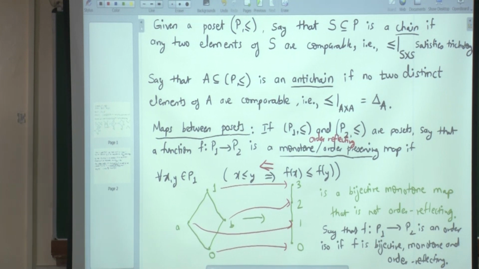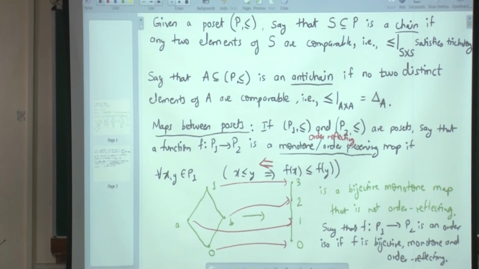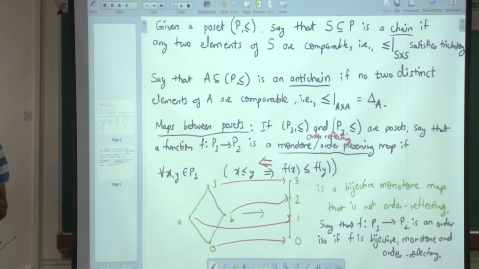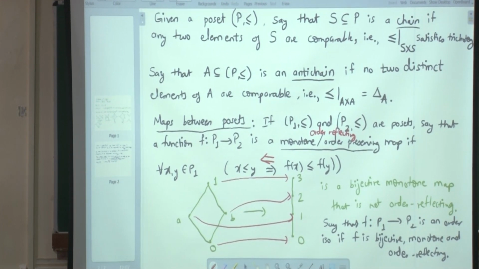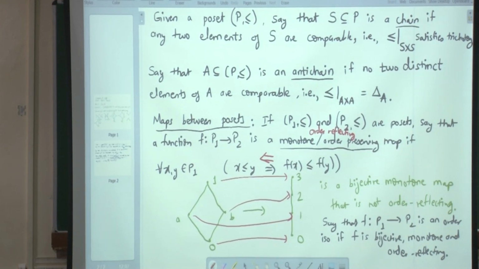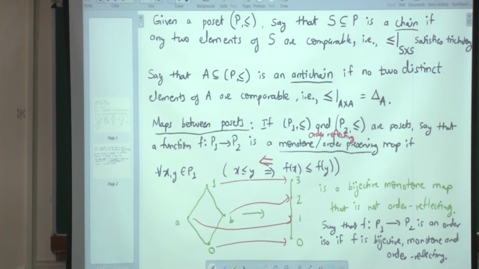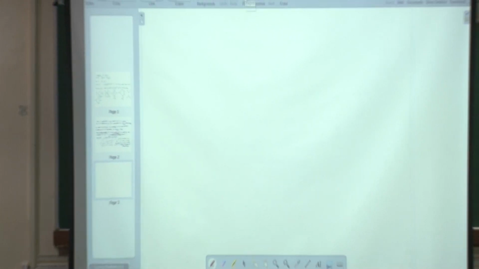Now this concept that order preserving and order reflecting together is so important that even when our map is not bijective, we still want to give it a name. So let me define that.